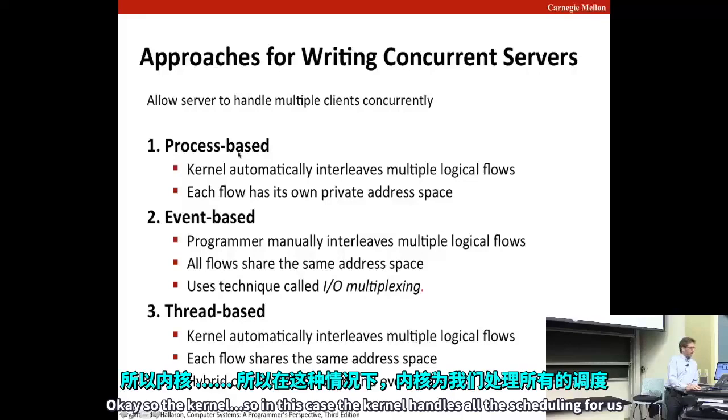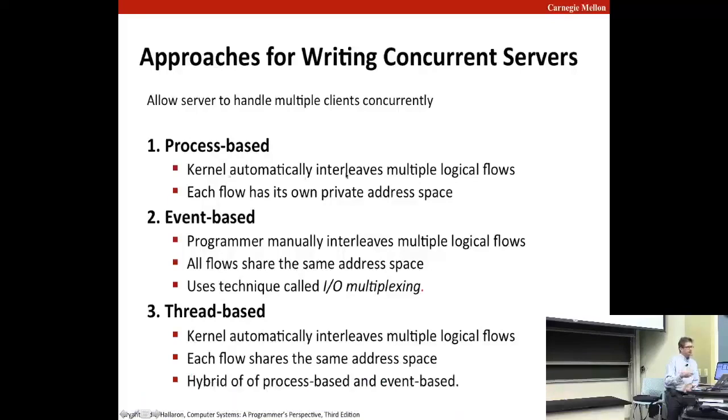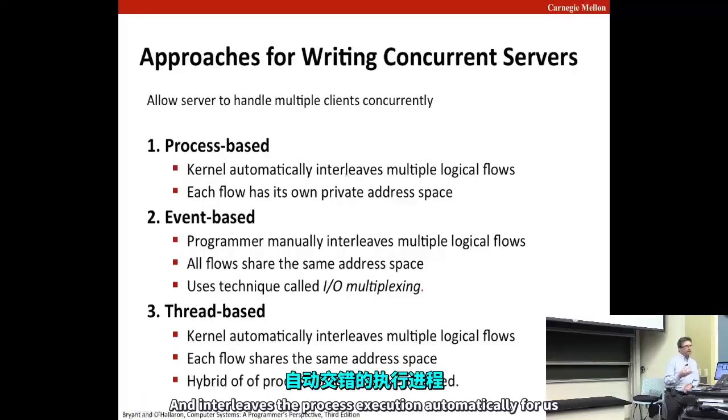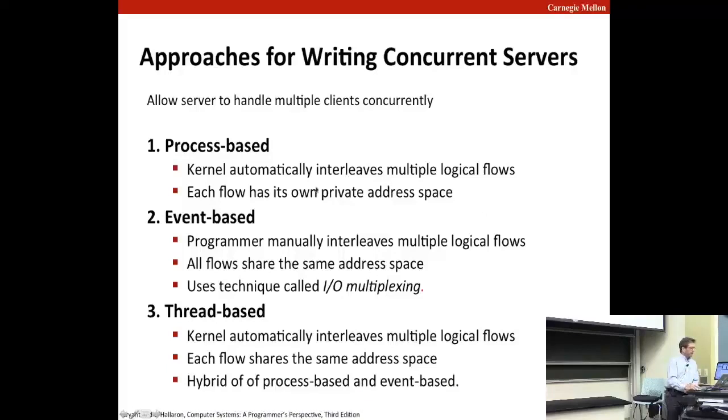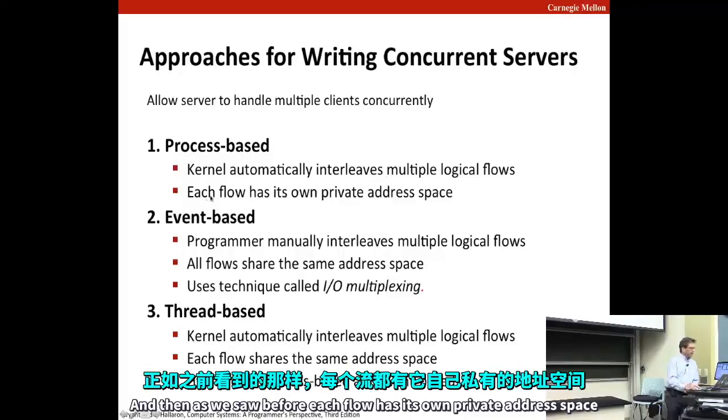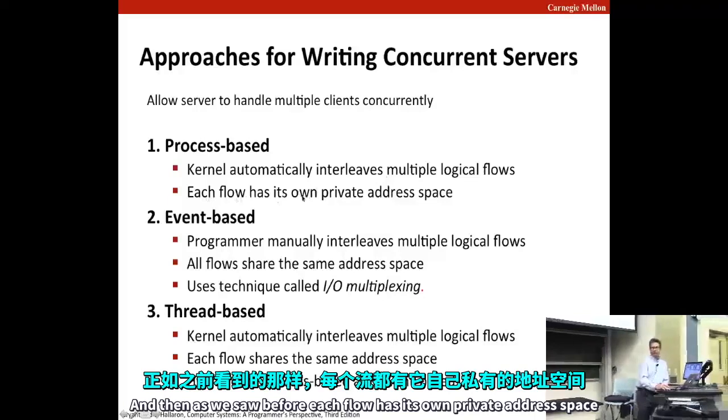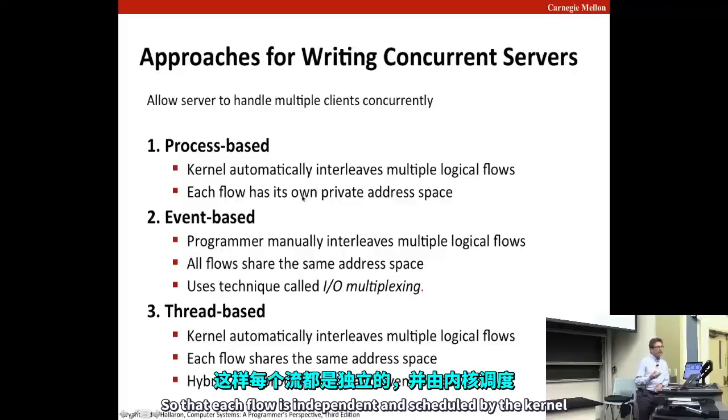In this case, the kernel handles all the scheduling for us and interleaves the process execution automatically. And as we saw before, each flow has its own private address space, so each flow is independent and scheduled by the kernel.